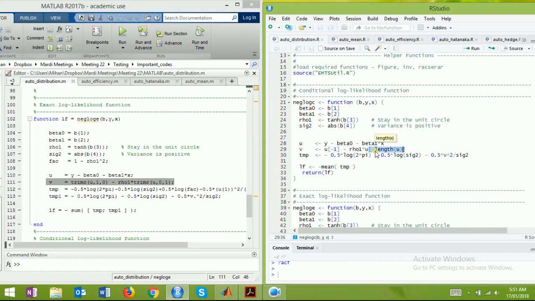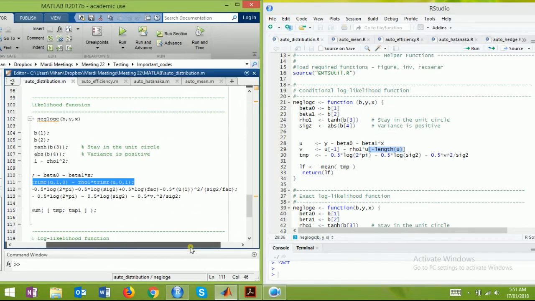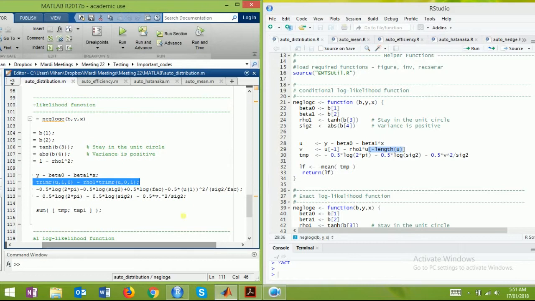So minus 1 removes the first row and minus length of u removes the last row, and then 0.5 log twice by the exact, because it's the exact log likelihood function, we want everything together. Basically 1 minus rho square, sigma square divided by 1 minus rho square was the full log likelihood function, and so this remains.